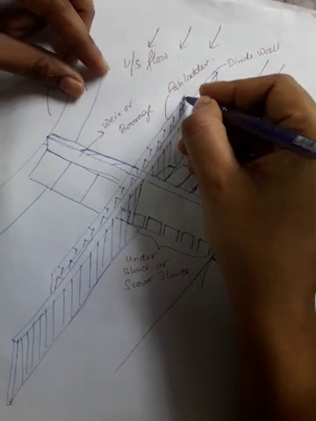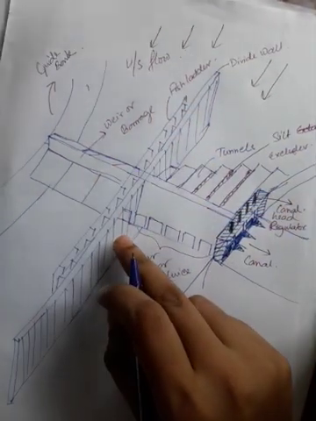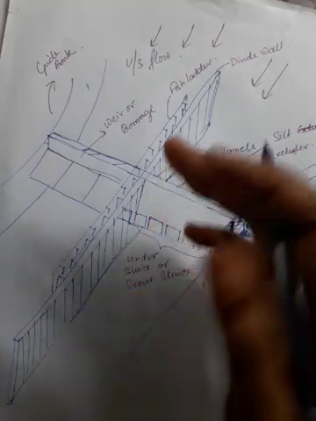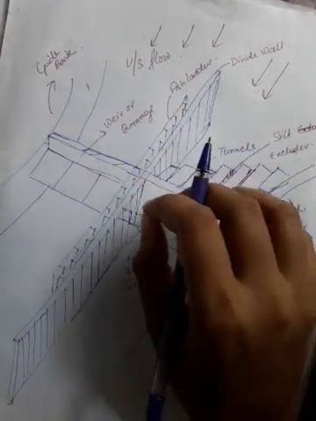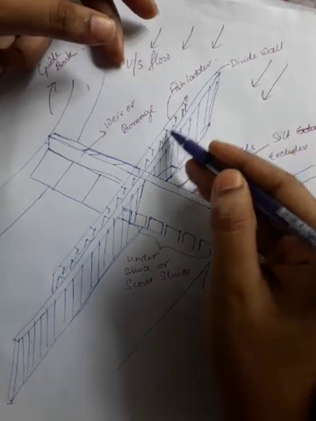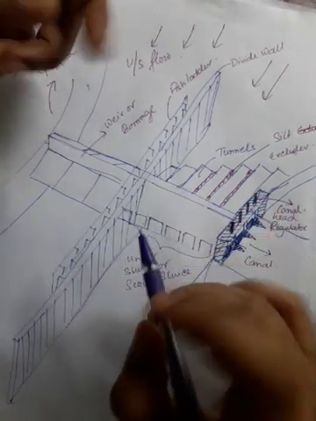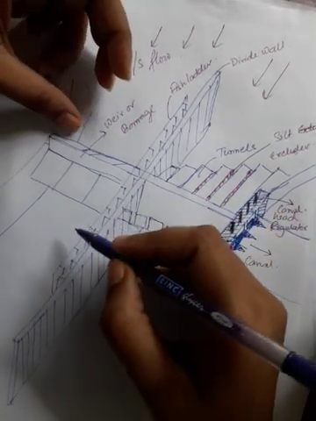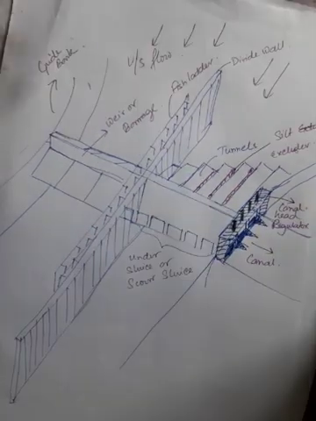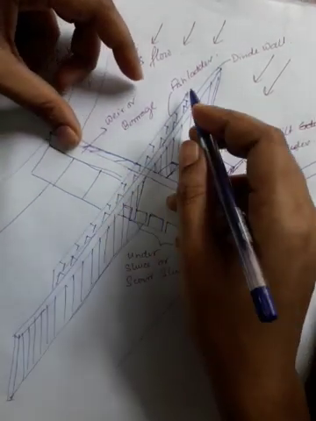Then what is the purpose of providing this fish ladder? Basically, during the winter period, the fish tends to move from the upstream to the downstream side, and during the monsoon the fish tends to move from the downstream side to the upstream side.